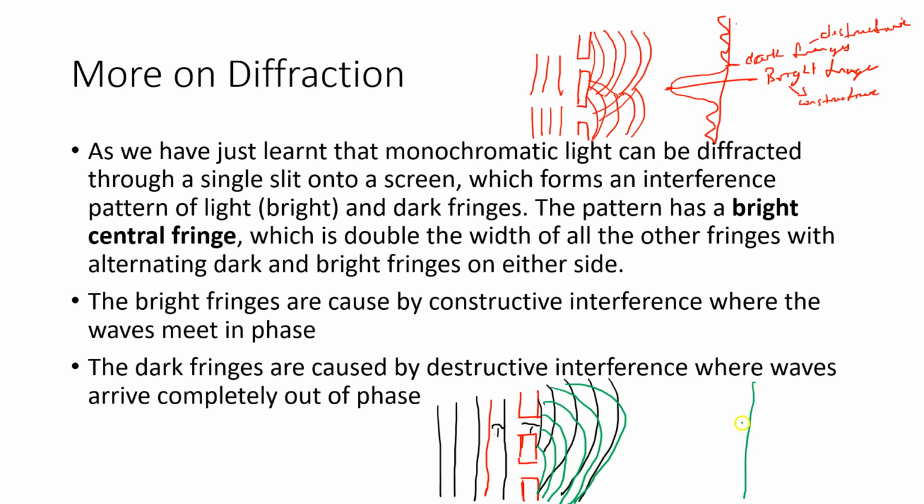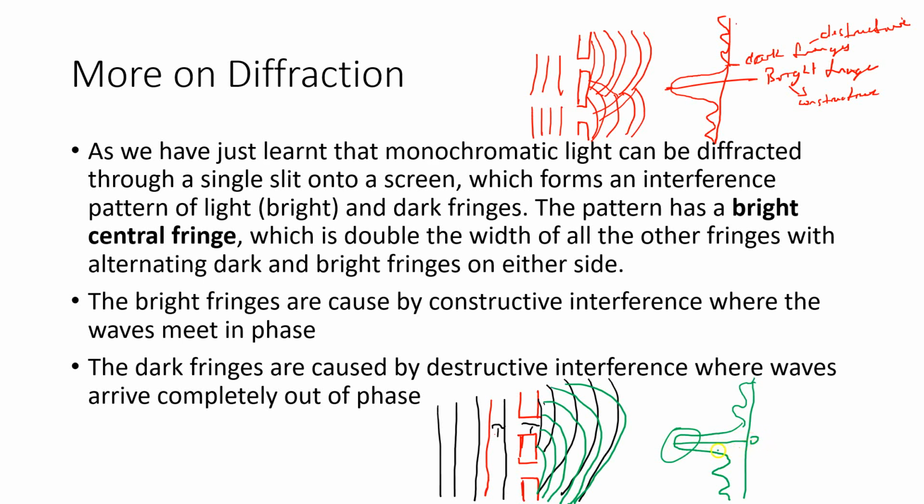The pattern looks more like this: a very high peak, and then some smaller ones like this. This portion shows us that the waves would have met constructively. So the highest peak is where you get a bright fringe. This is what we call the central fringe.